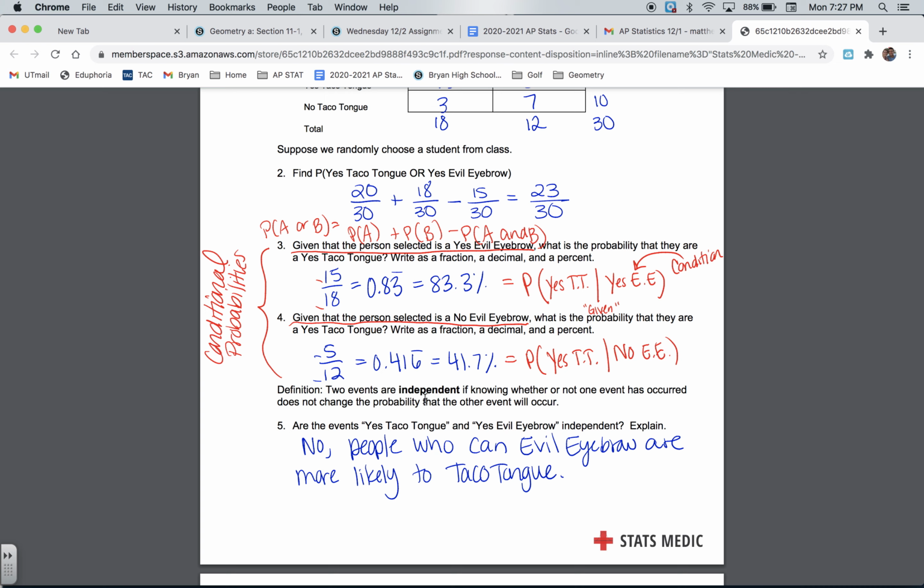Okay? Events are dependent. So if it's dependent, that means basically that if I know that something occurred, then this other thing might change. So, let's take it like this: on taxes, my daughter is listed as a dependent because she's dependent on what I do.